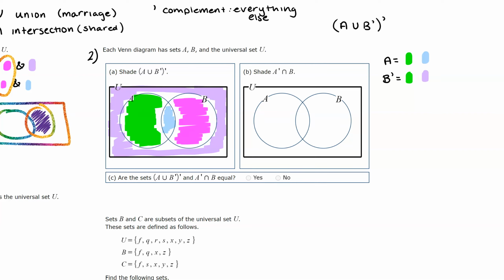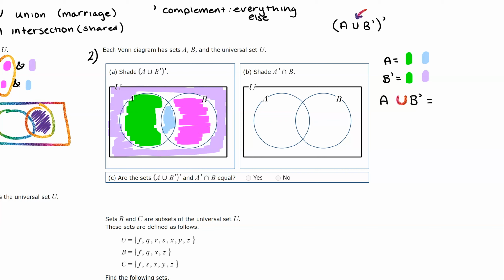And now I want to union those guys. A union B complement is going to be the union, yours, mine, and ours. So A has green and blue, and B complement has green and purple.